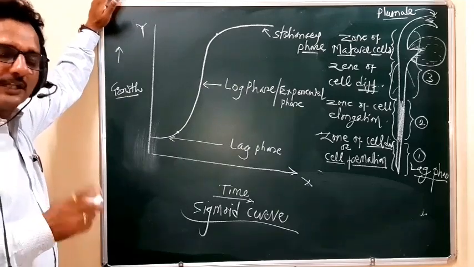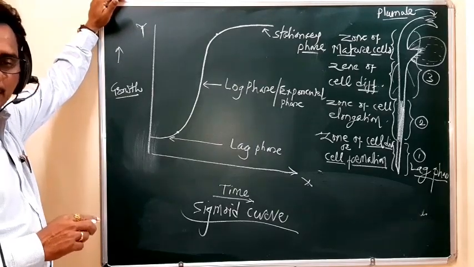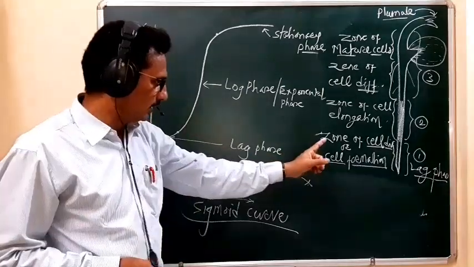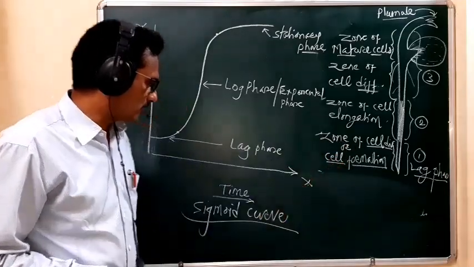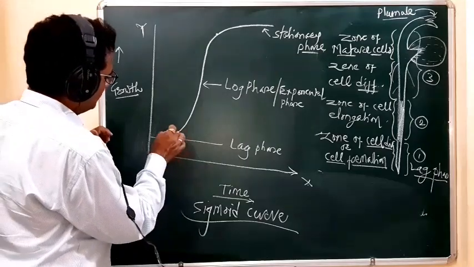what is the time requirement per growth with respect to these different phases of growth? See, the lag phase includes the zone of cell division and the zone of cell formation. It shows the minimum growth.